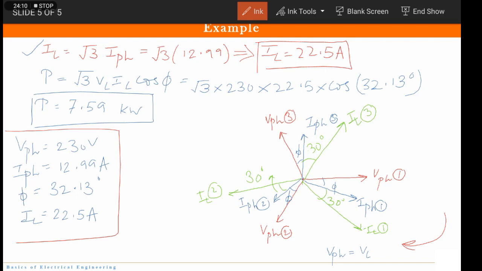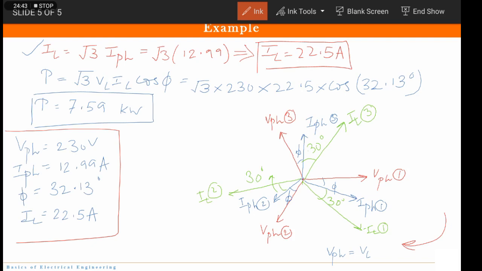So that's all. This was the phasor diagram for this question. Please remember that whenever phasor diagrams are drawn, not only the phase angle is important, but the same amount of importance is given to magnitude also. So when you draw the phase voltages, remember in a balanced system, the magnitudes of all phase voltages are the same. The magnitudes of all phase currents are equal.